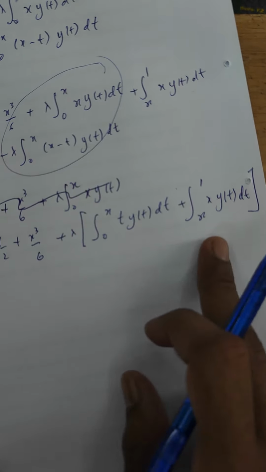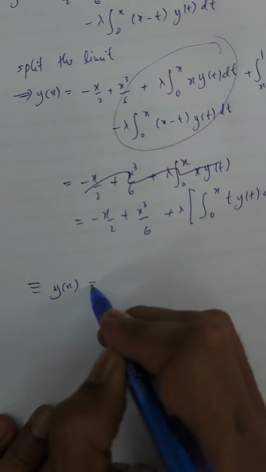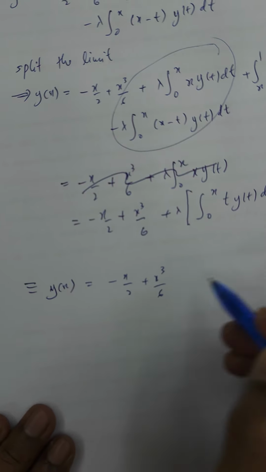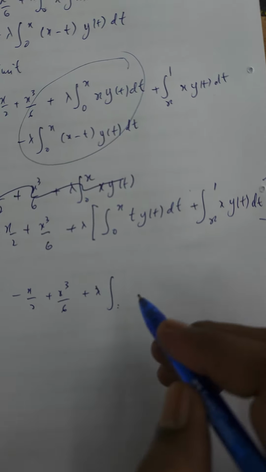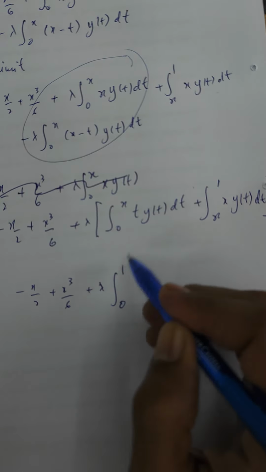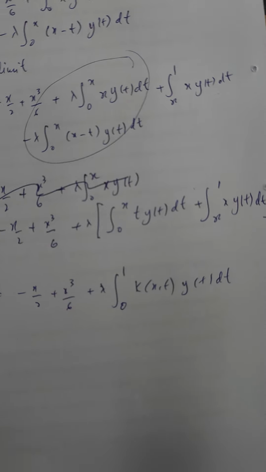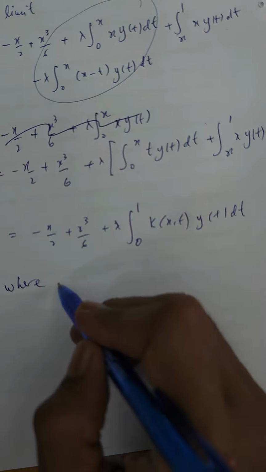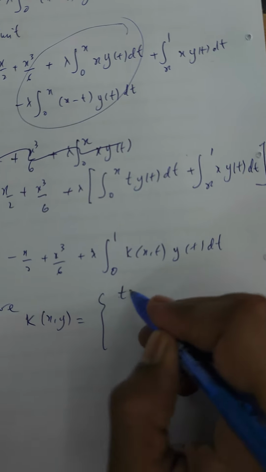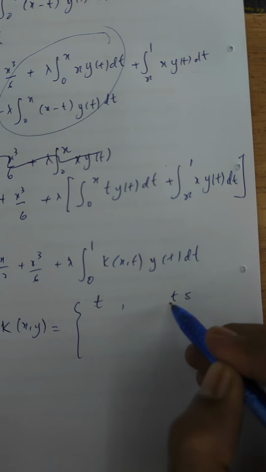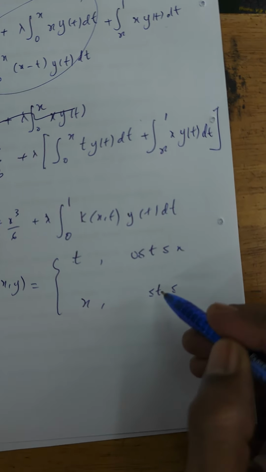So the kernel is basically this: y(x) is equal to minus x over 2 plus x cubed over 6 plus lambda integral from 0 to 1 of K(x,t) y(t) dt, where K(x,t) is equal to t for t from 0 to x, and it's x for t between x and 1.